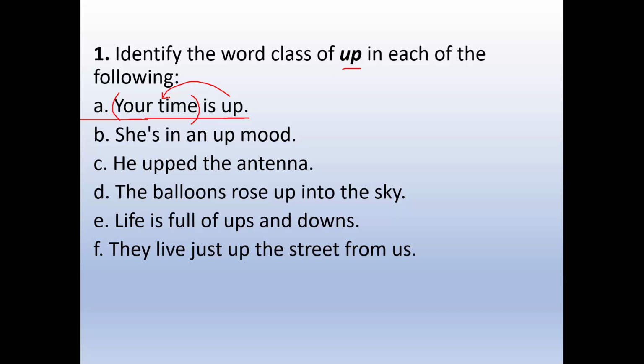A preposition is a closed word class item that is used to show the relationship between two entities. But here it is up. Which kind of relationship are you going to show using up? Nothing. So it is not a preposition either. Okay, right. It is an adjective.